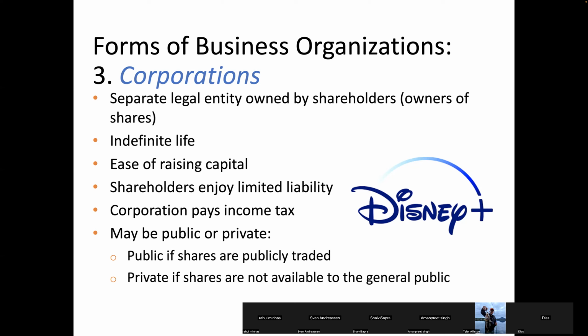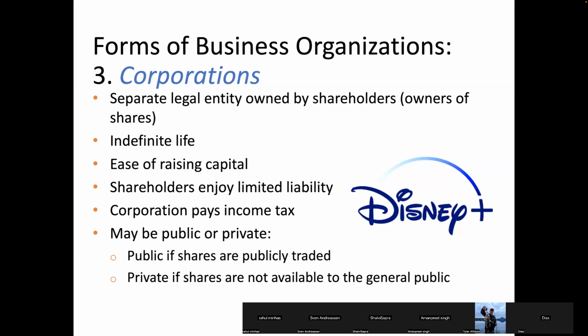So my liability is only limited to the amount of investment in that company as a shareholder. My personal assets, my personal belongings, are still protected. So that's one of the major advantages of using a corporation to do business: you have limited liability.